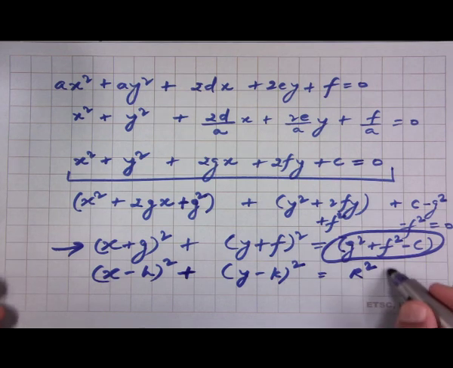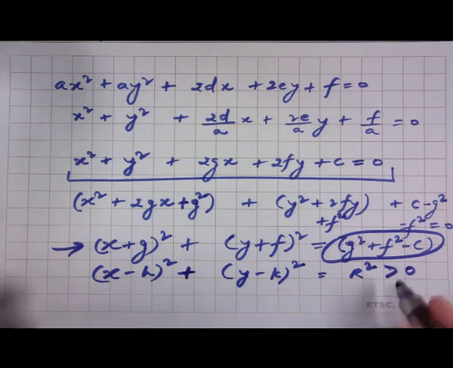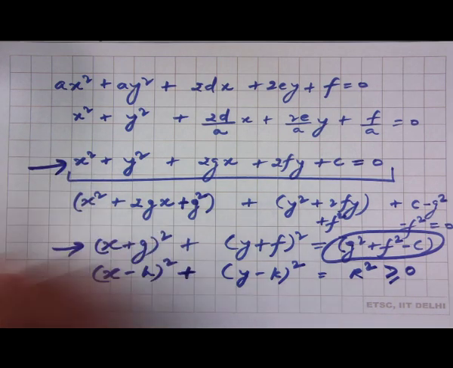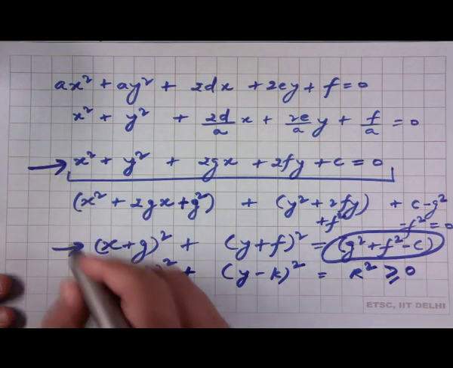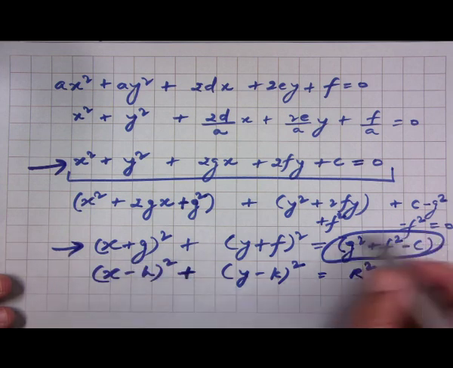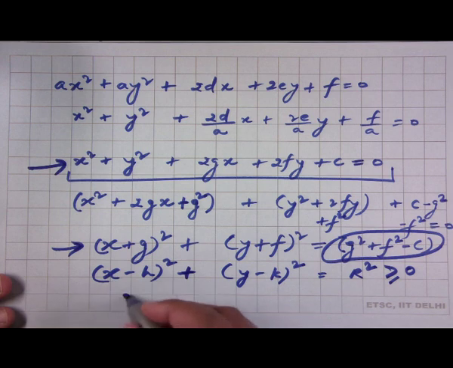R square is always non-negative, and therefore, this represents a circle if and only if this is non-negative.